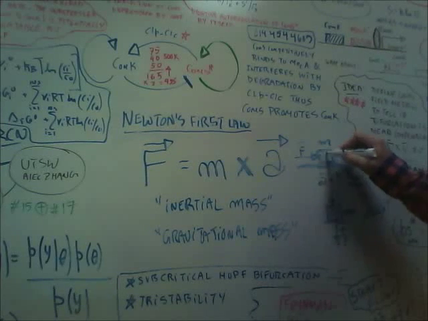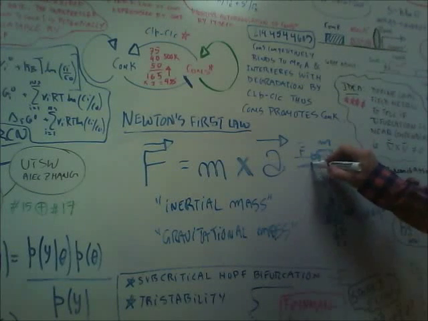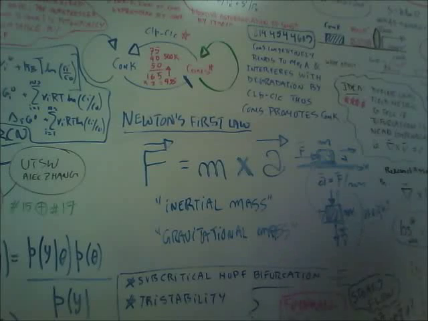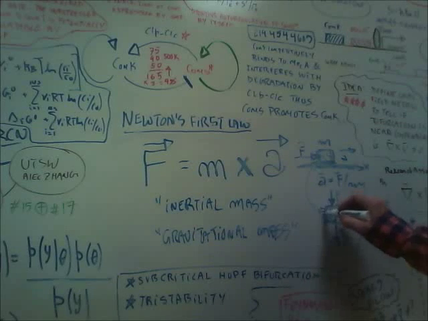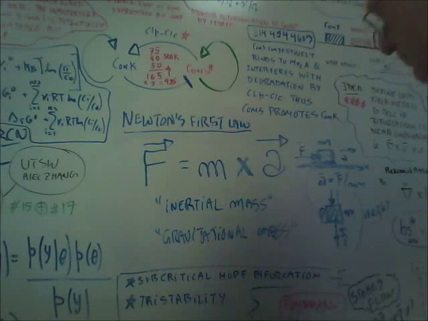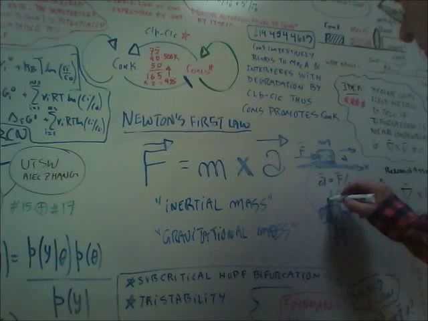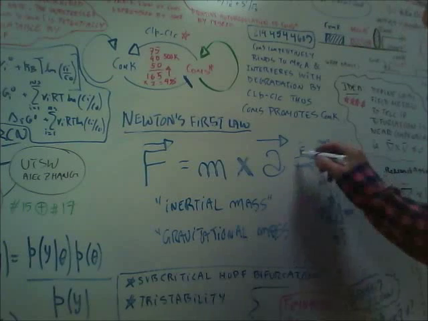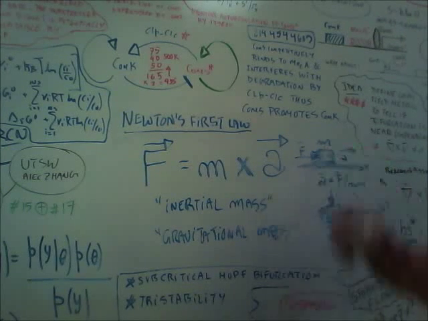Now, there are not two masses because the two are identical. That is to say, the object only has one mass. It doesn't matter what kind of force, whether it's gravitational or mechanical, is applied to it.